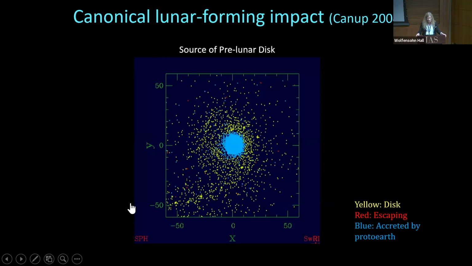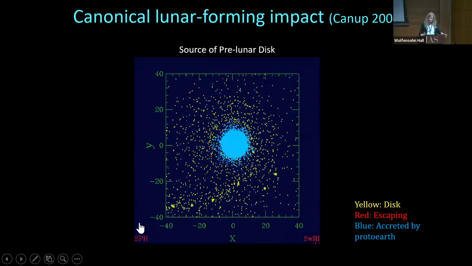The topic that will occupy the rest of my talk relates to the source of the material that ends up in the disk. With a Lagrangian code, it's very trivial to take your final disk, which we're looking at here in just a 2D simulation, and map back the place where the material that ended up in the disk originated from.